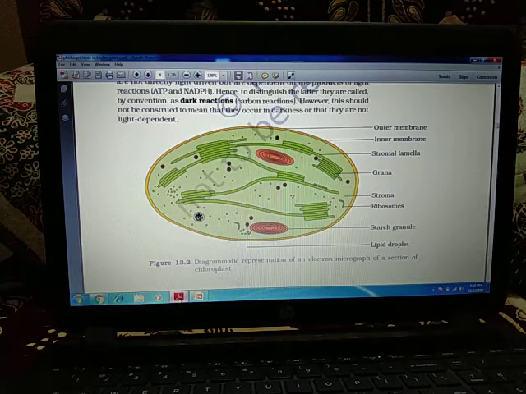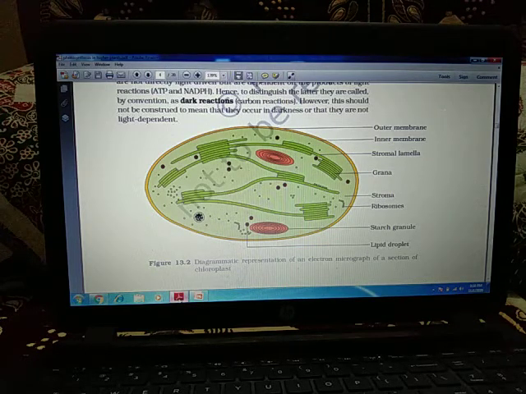This change in position helps in receiving optimum light by the chloroplast. A mesophyll cell may have as many as 300 chloroplasts. The latter are found in the peripheral cytoplasm of the mesophyll cell.